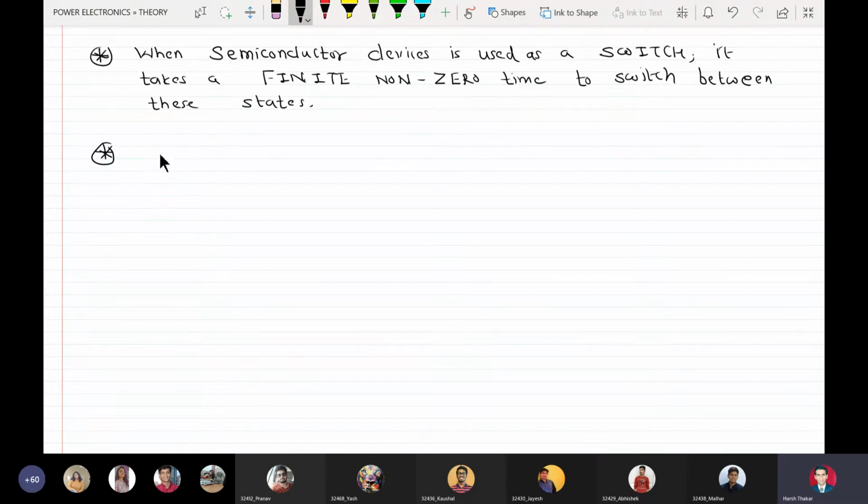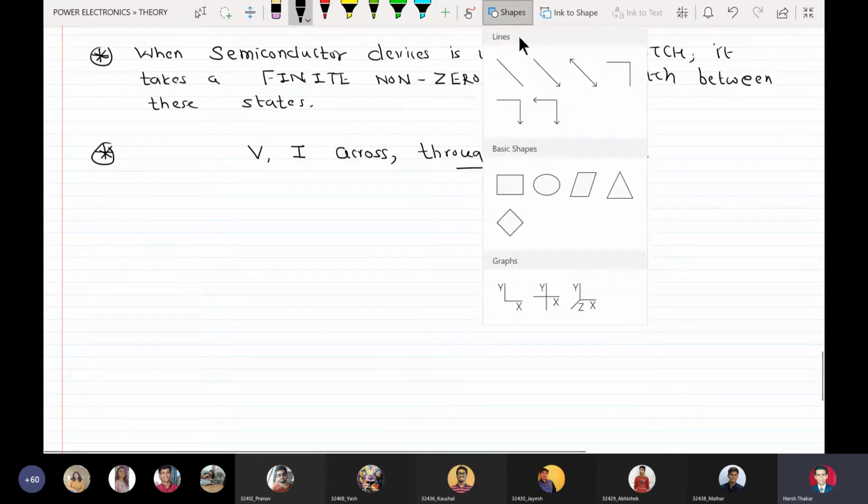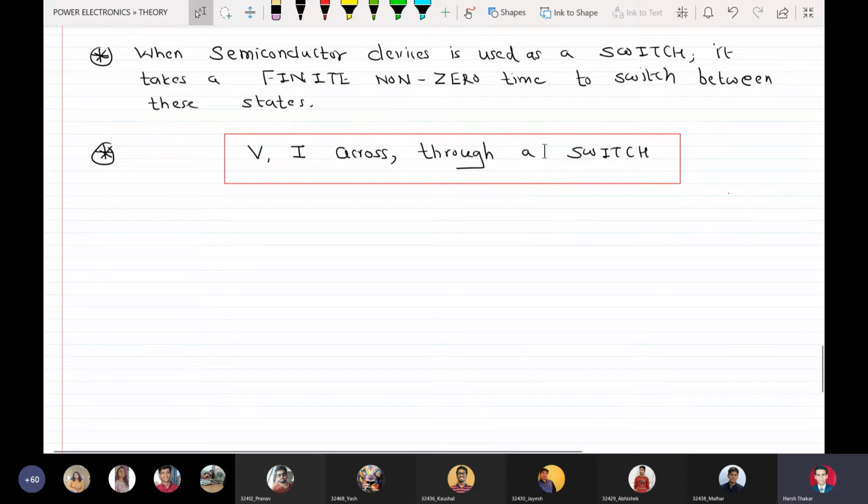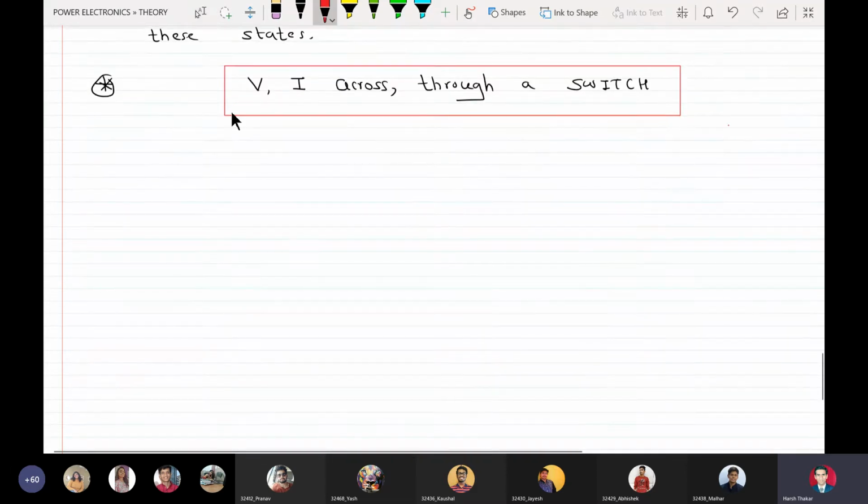Okay. Now we come to the important point, that the voltage, current across or through a switch. The point is, what are the voltages and the currents across and through a switch when it is in on state and when it is in off state.